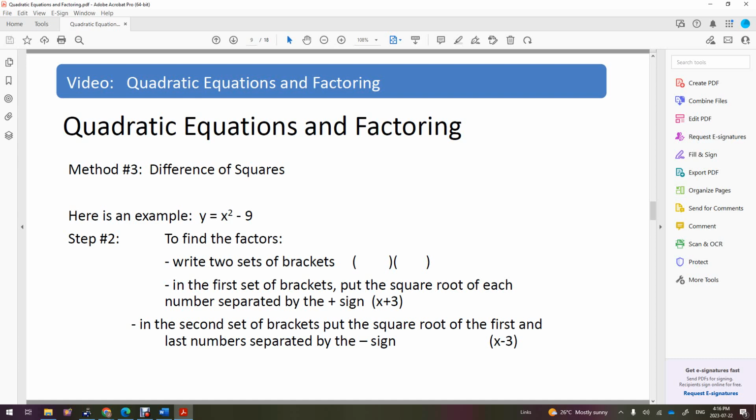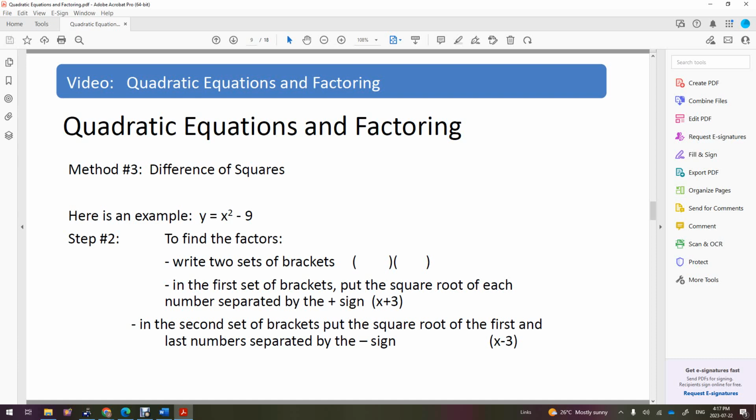In the first set of brackets, put the square root of each number, separated by the plus sign. So we get the factor x plus 3. But in the second set of brackets, we want the same values, x and 3, but because we have to get rid of that middle term, the numbers will be separated by the negative sign.